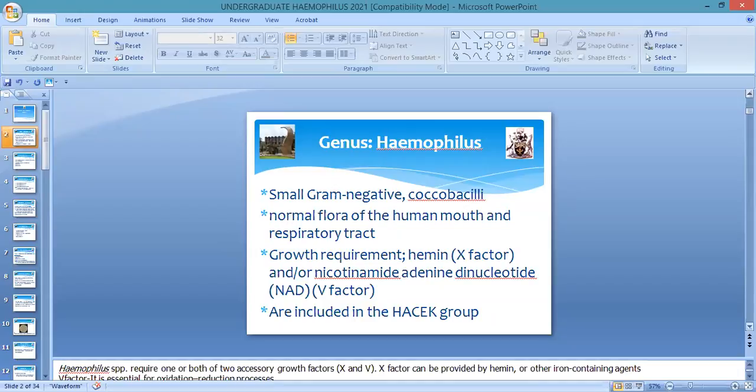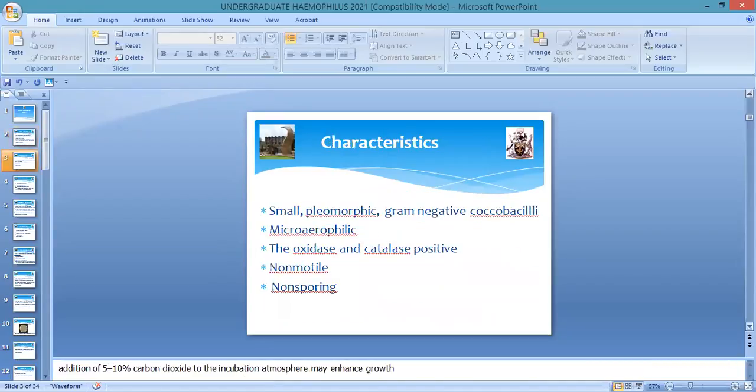In terms of their characteristics, I talked of them being quite small, and they are described as gram-negative coccobacilli. They are also microaerophilic because they require an additional 5 to 10% of CO2 to enhance their growth.